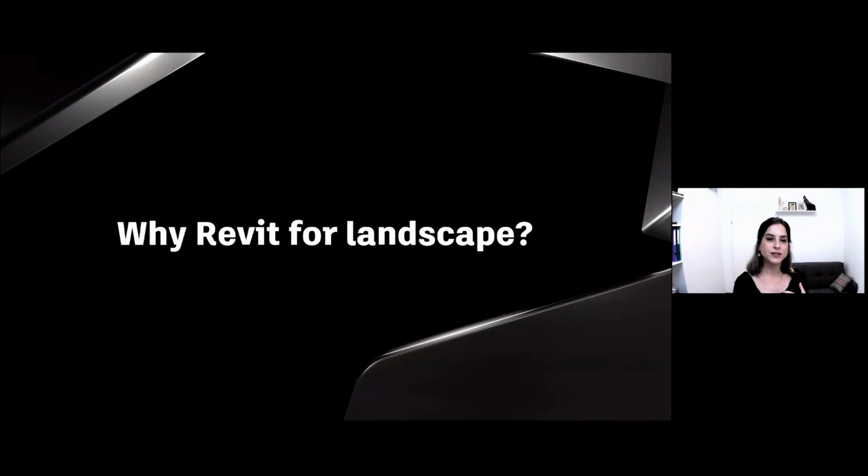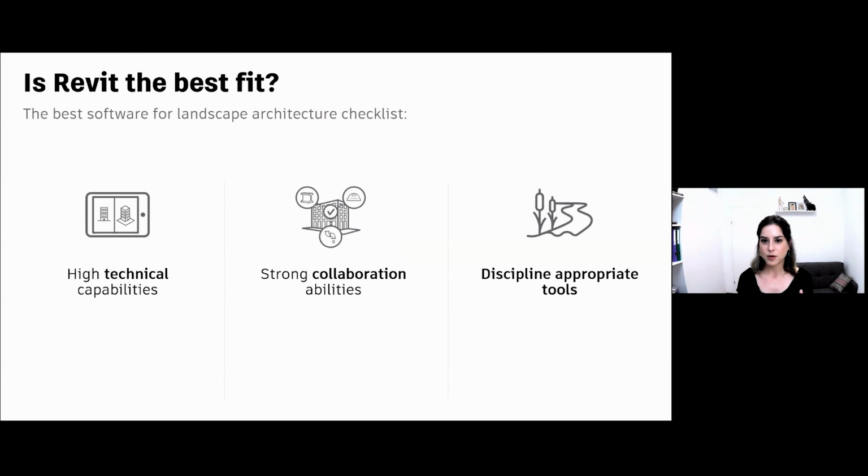I would actually want to start by asking the question, why Revit for landscape? When you're looking for the best software to model your landscape, there are a few main things that you want to see in your software. The first one is high technical capabilities. And of course, Revit is a very powerful tool for that.